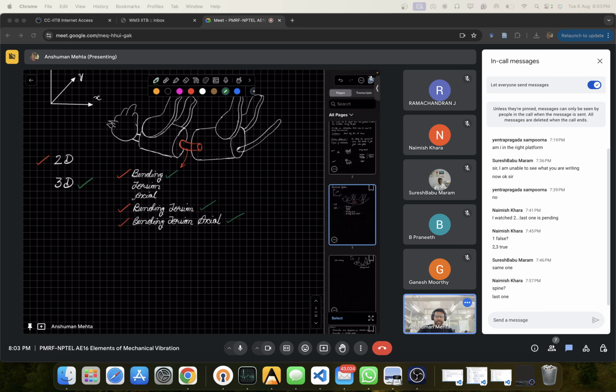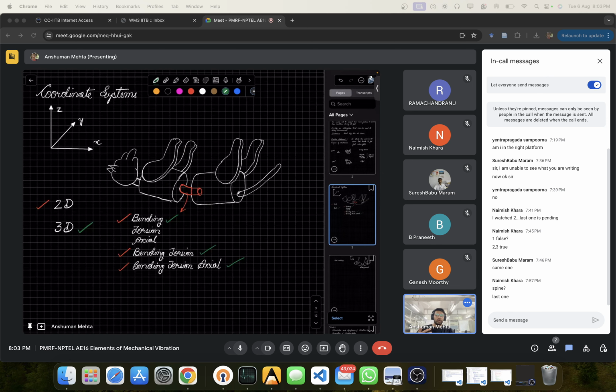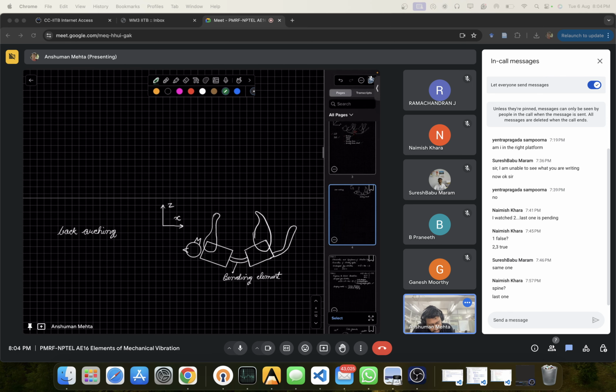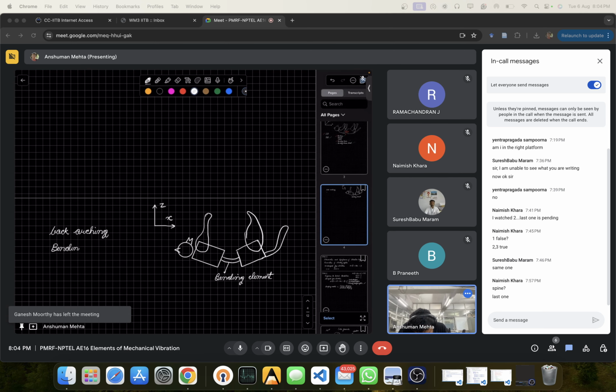Hence I have made three axes to show from where the bending is happening, from where the twisting is happening. So bending is happening about y-axis. Bending around y-axis.